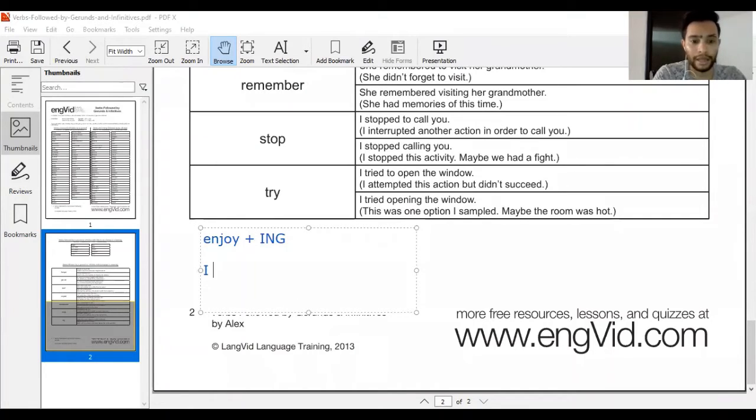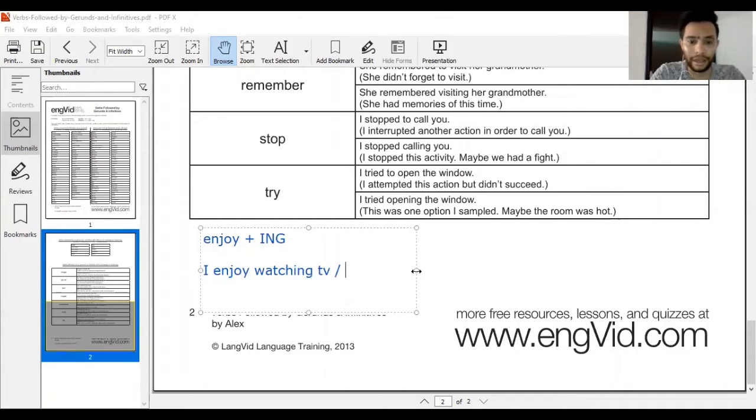So I say: I enjoy watching TV. This sentence is correct, because you're using the verb enjoy with the ing form, the gerund.